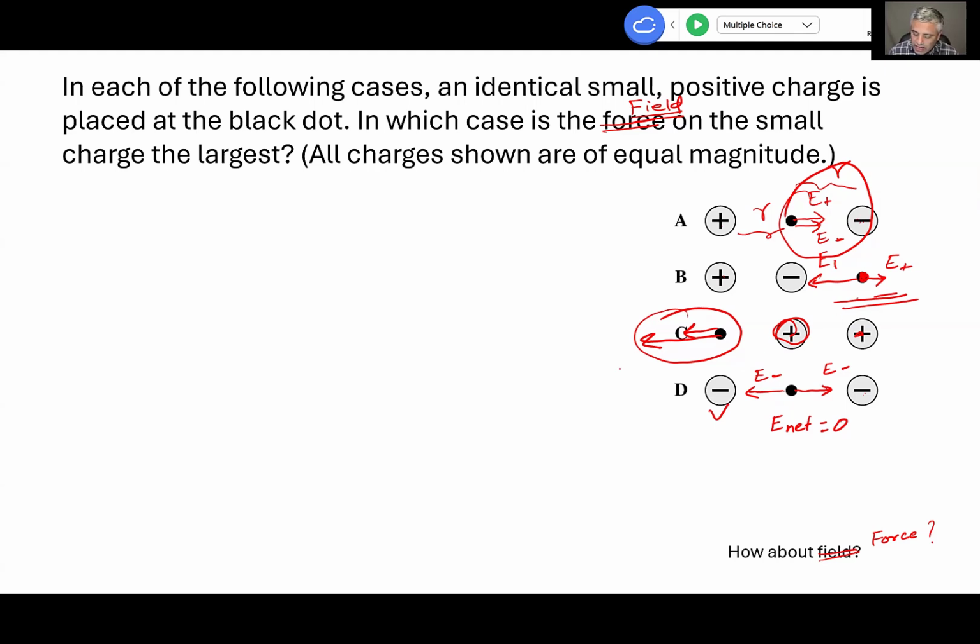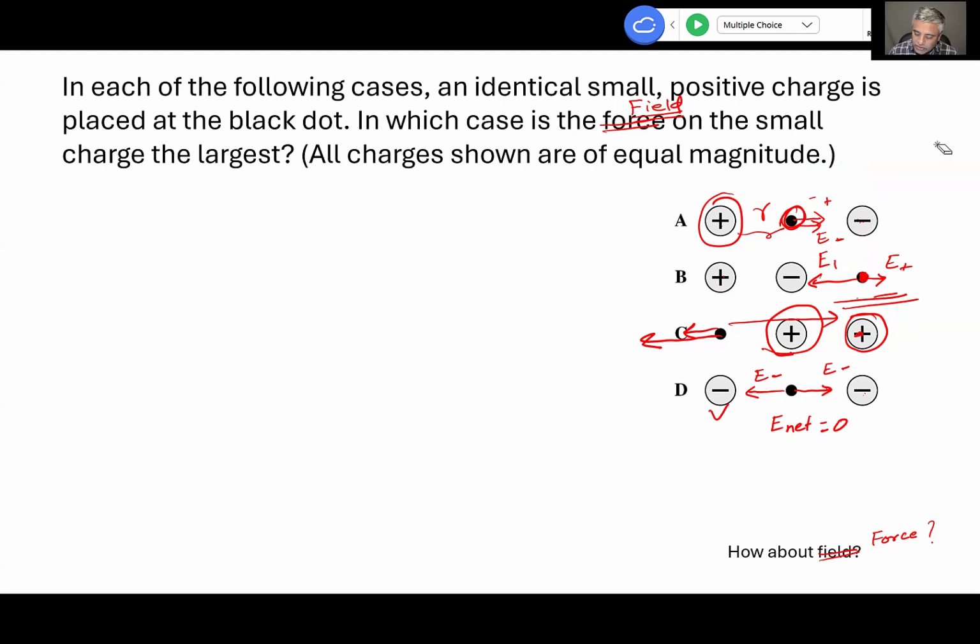So A and C are the larger possibilities. But in C, one is larger than the other. For example, force due to just this one is the same as force due to this one at this point, but force due to this one is way smaller because it is twice the distance.